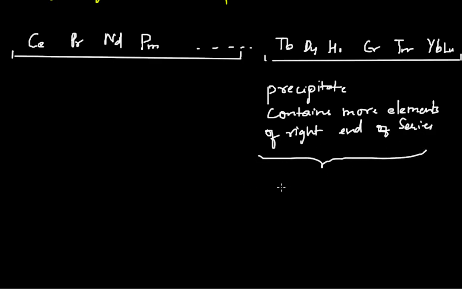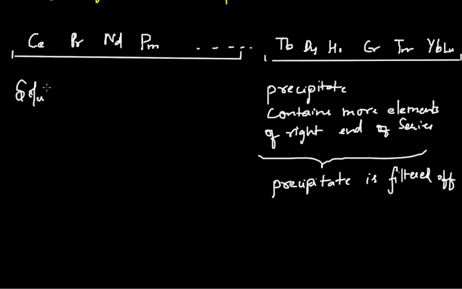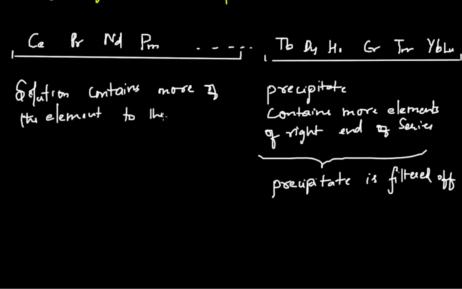Okay, so now what do we do? We filter the precipitate. Tenth class concept. The precipitate is filtered off. Now the solution contains more of the elements to the left of the series.